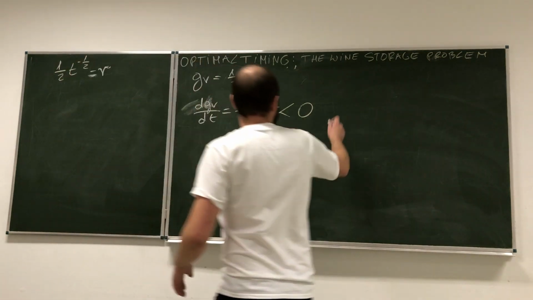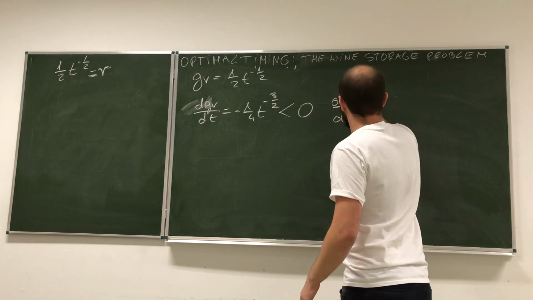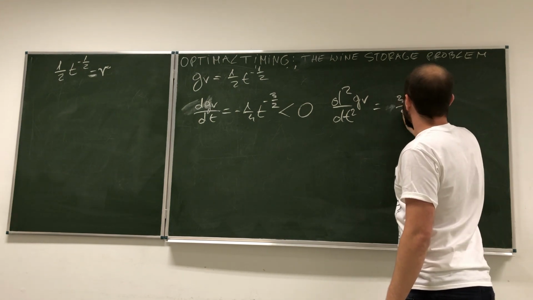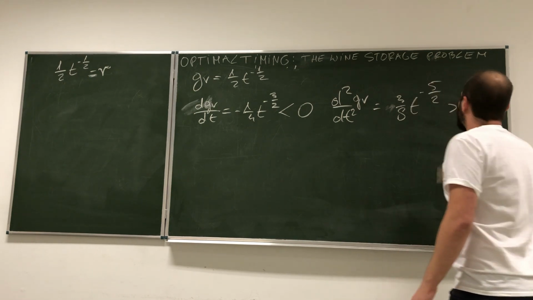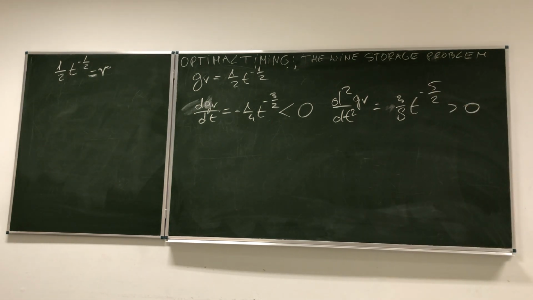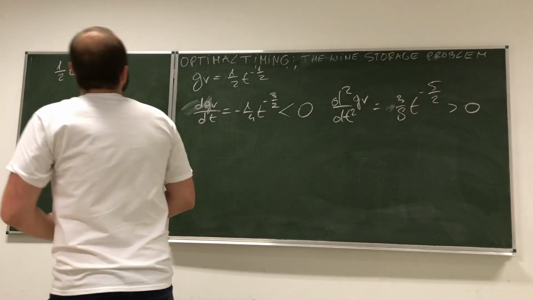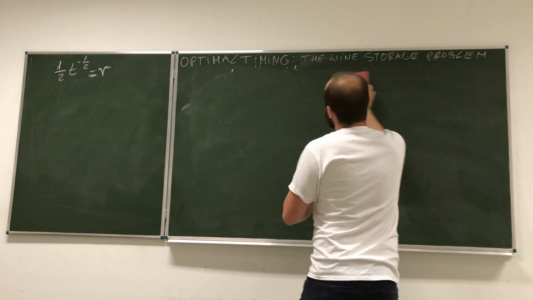Now, if I calculate the second derivative, I get positive 3 over 8t to the power negative 5 over 2, and this is positive. So look, we've got a negatively sloped, convex function. Let's put this on the graph, maybe then we will be better able to see what is happening.